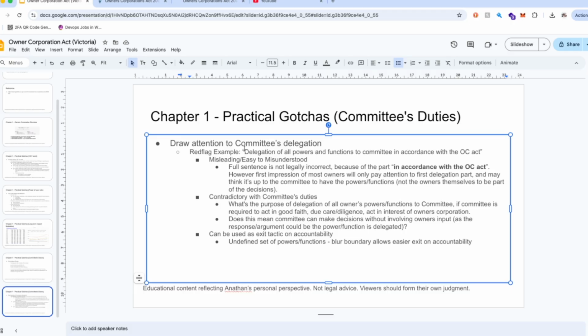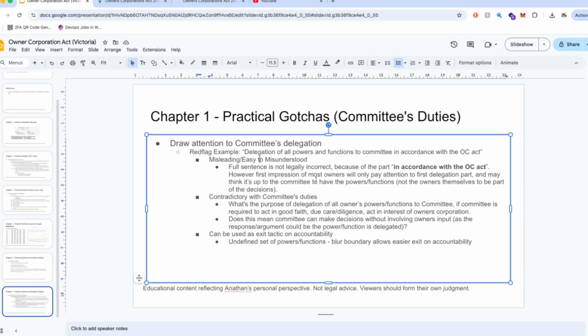Even the original sentence, which puts this at the very end, acknowledges that there are certain powers and delegations which the committee cannot have. It's just up to you, when it's presented to owners, what the first impression will be like.